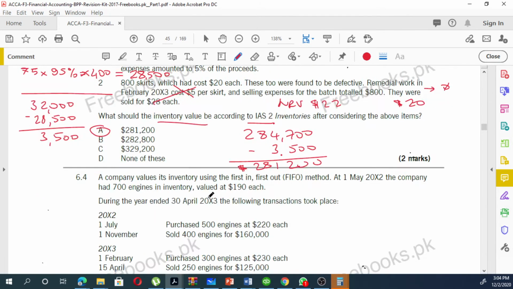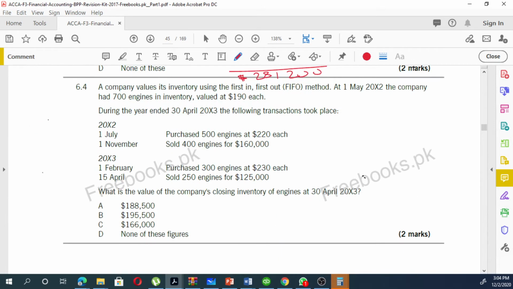Now let's move to another question. In this kind of question, if you do it like that, maybe it will take long. So we use FIFO. We are asked to find the FIFO value. A company values its inventory using the first-in first-out method. At May 2000, the company already had 700 engines in the inventory ledger, valued at $190 each.